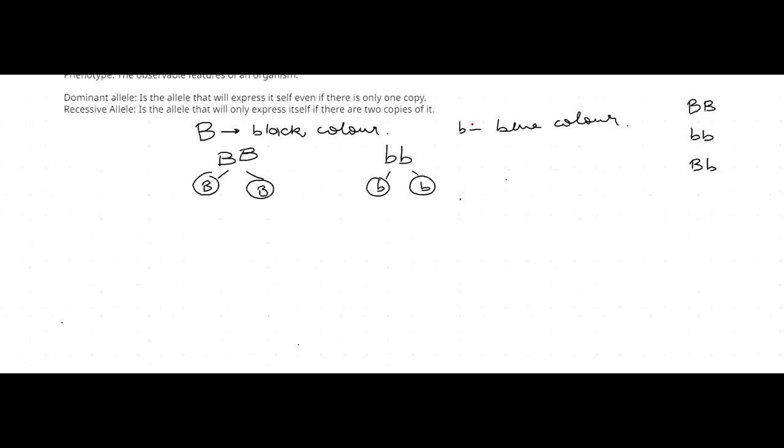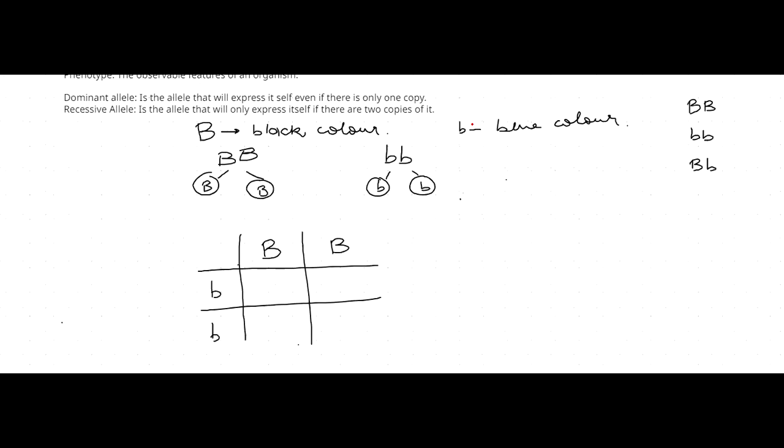This is how we make the genetic cross. First, I'll write down the information of the father. So father has a capital B and a capital B. Then we write down the information of the mother. The mother has a small b and a small b.